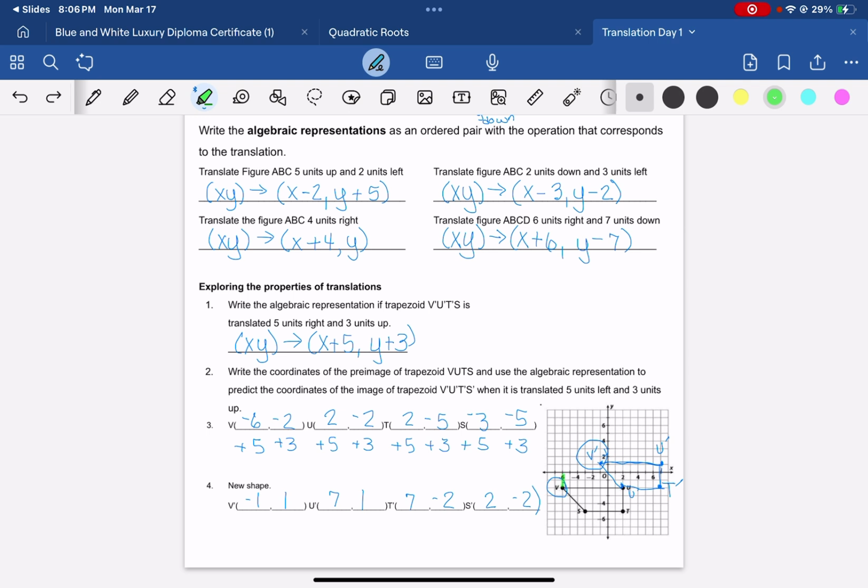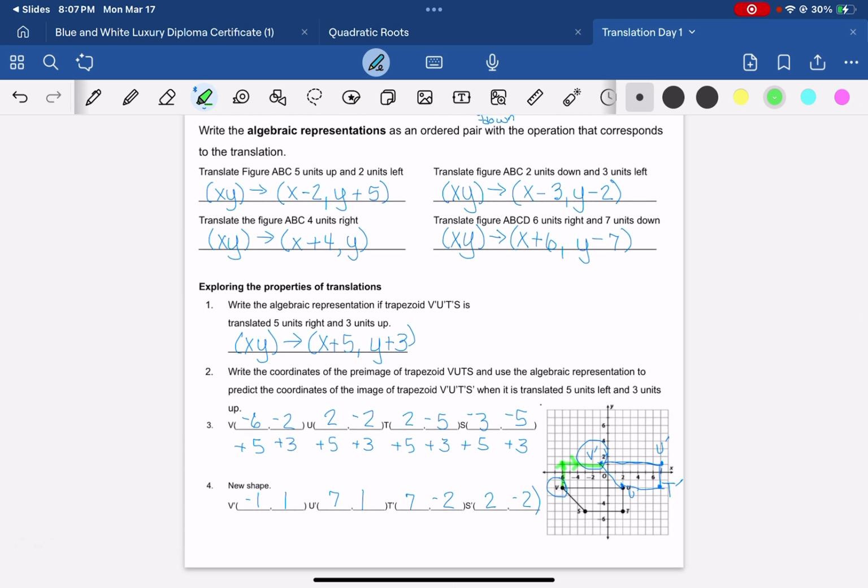Okay, it went up 3 and then over 5. Does that make sense? Because you're not going to go diagonally. You're going to go up and over or down and over. Okay? Any questions? Okay. Now, that's it for the notes.